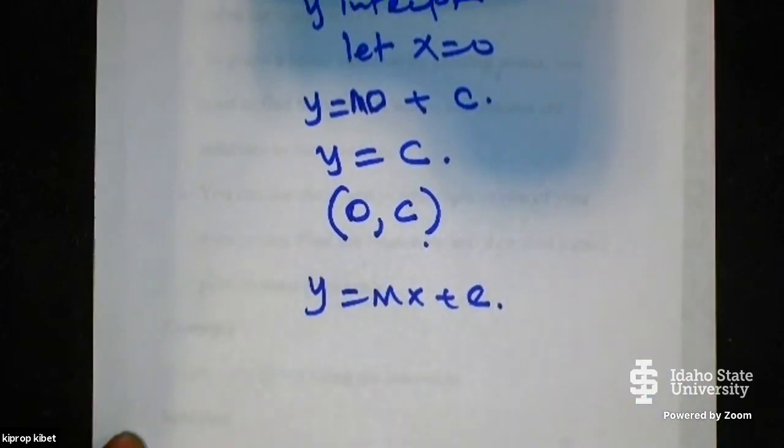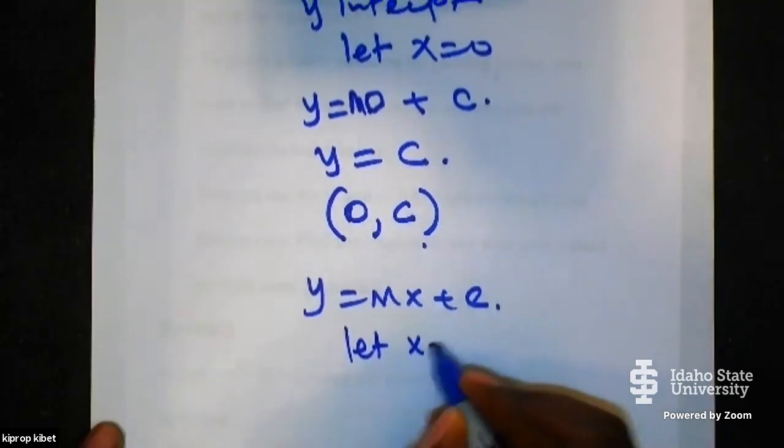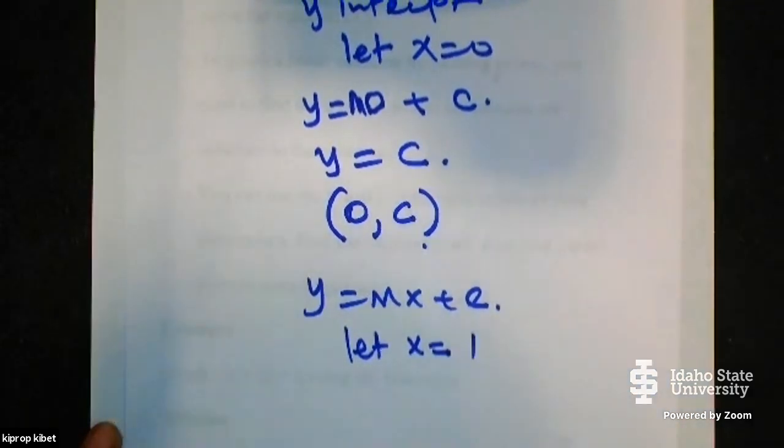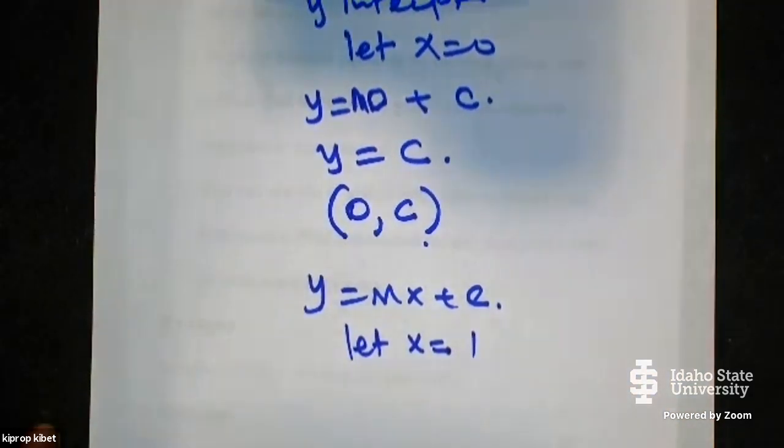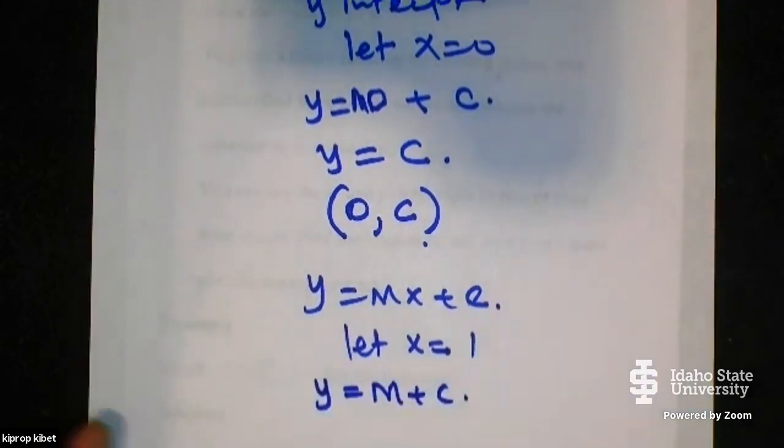Try not to put any decimal point so that you can draw a straight line, okay? So in our case, you can let x equal 1. So when x equals 1, y equals m plus c.